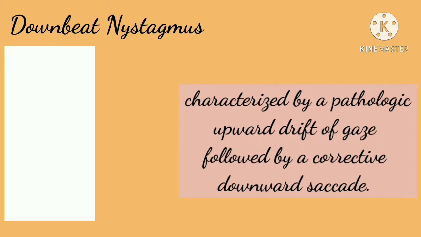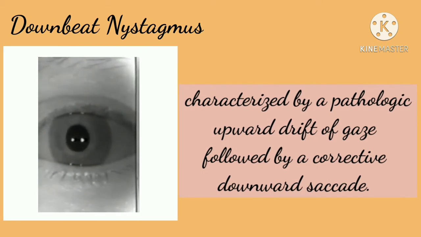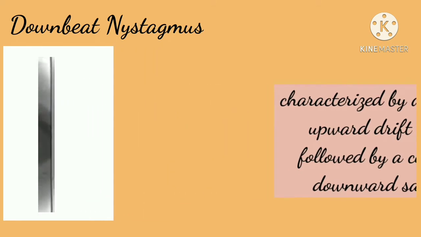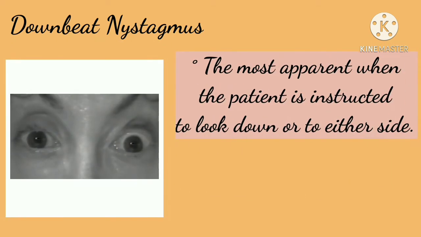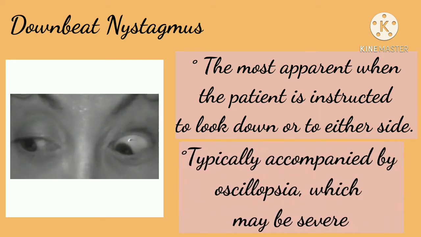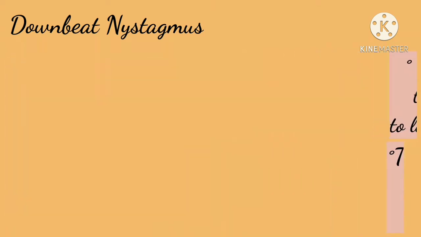Downbeat nystagmus is characterized by a pathologic upward drift of gaze followed by a corrective downward saccade. Downbeat nystagmus is most apparent when the patient is instructed to look down or to either side. It is typically accompanied by oscillopsia, which may be severe.